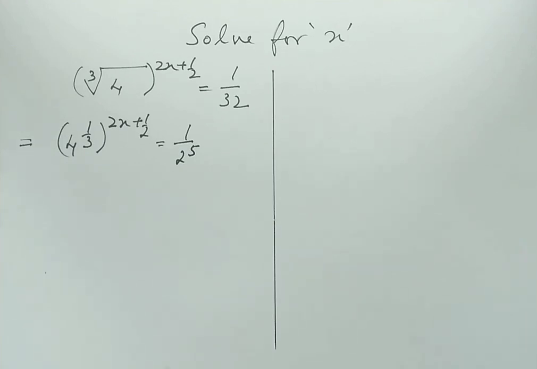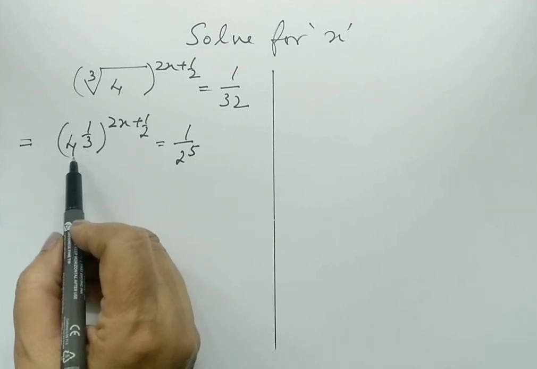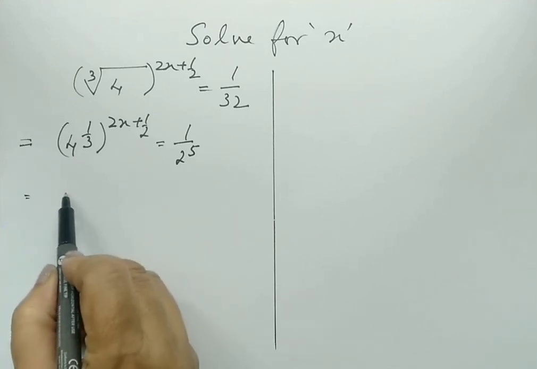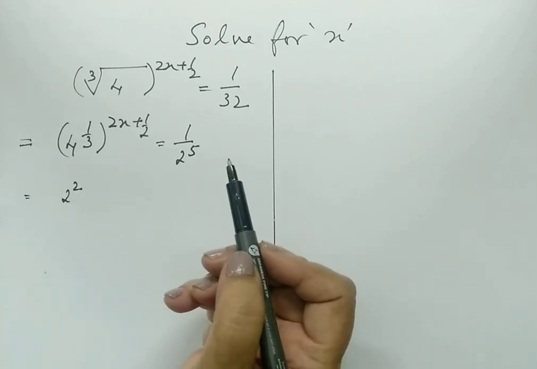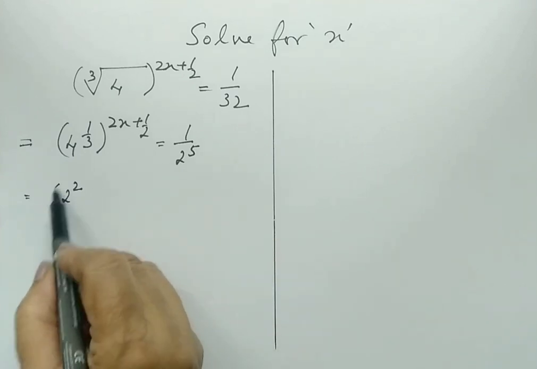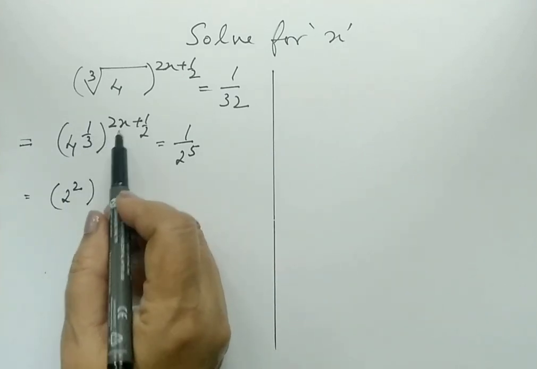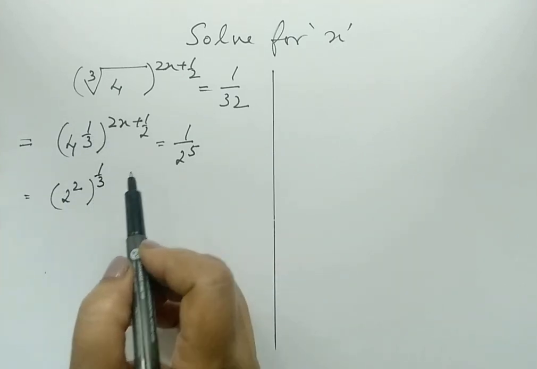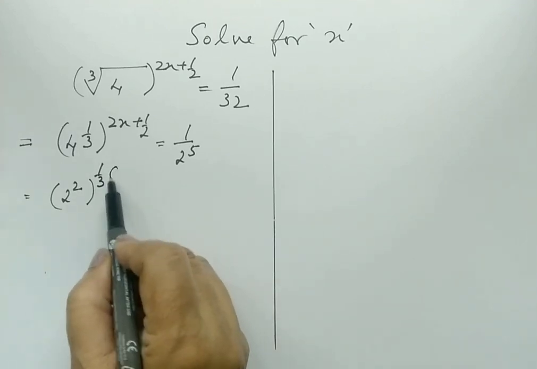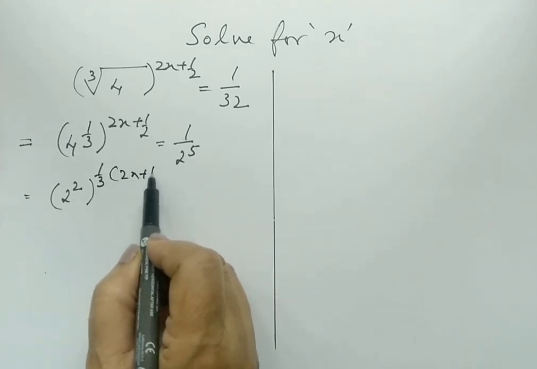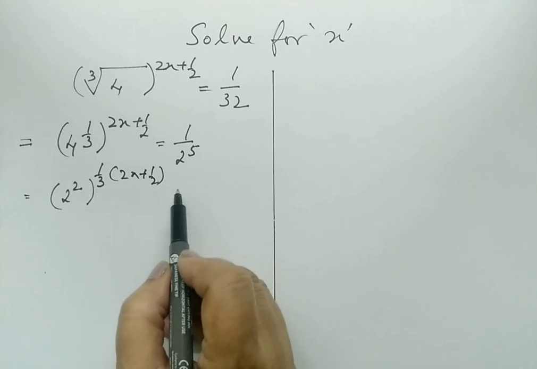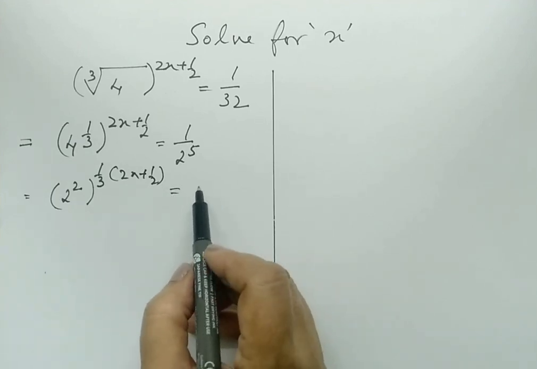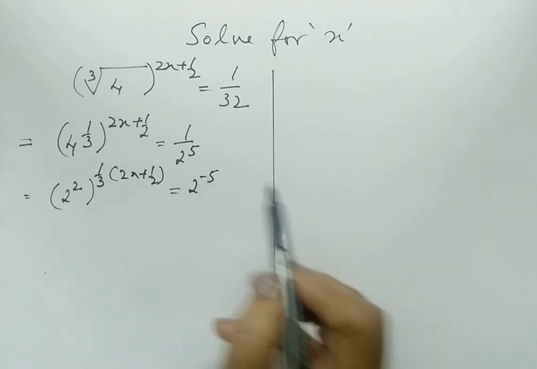Alright, next step is to convert 4 in terms of 2 to the power 2. Outside we can multiply these two, 1/3 and 2x plus half, bracket closed, equals 2 to the power minus 5.